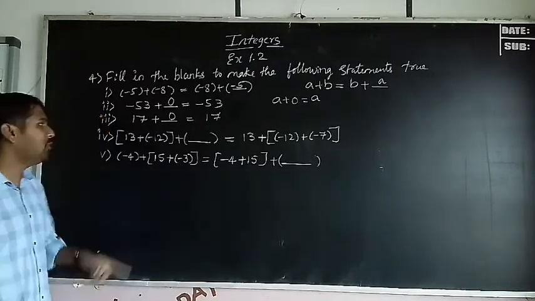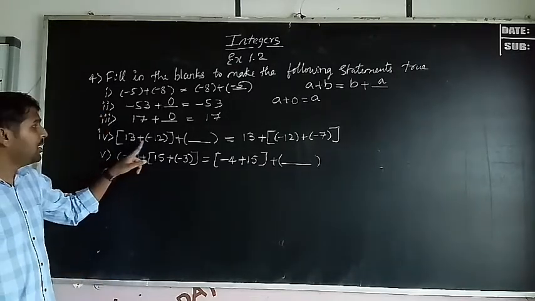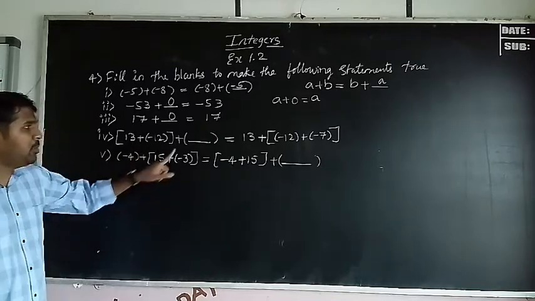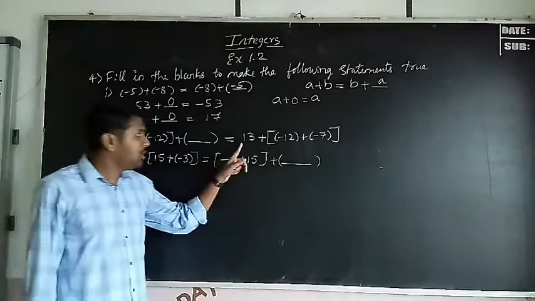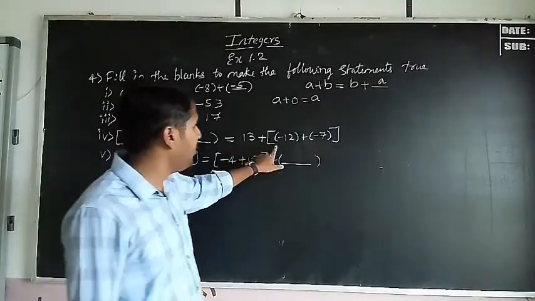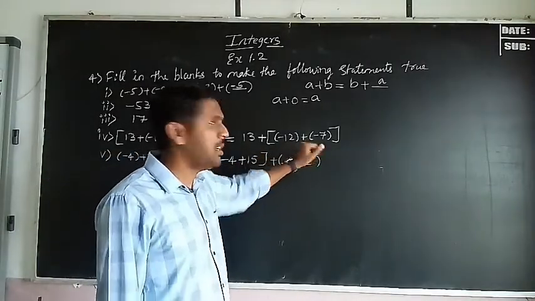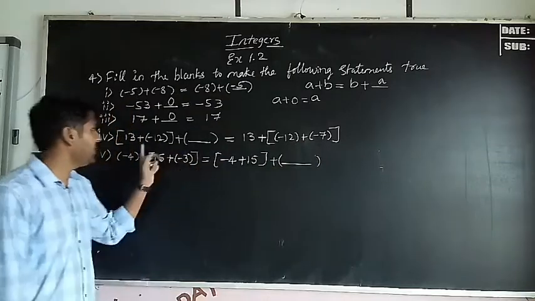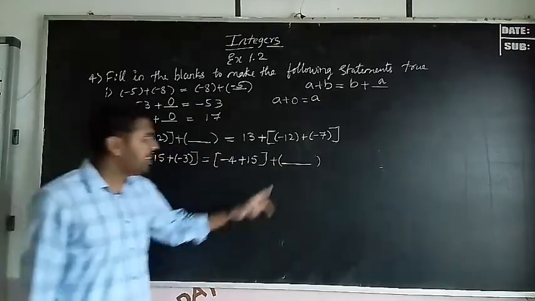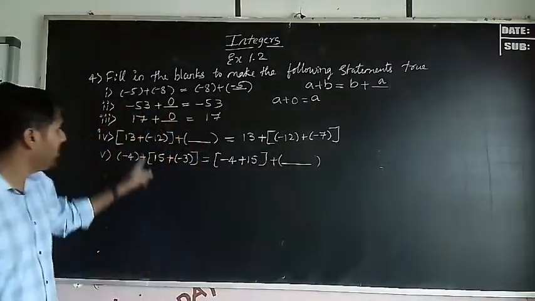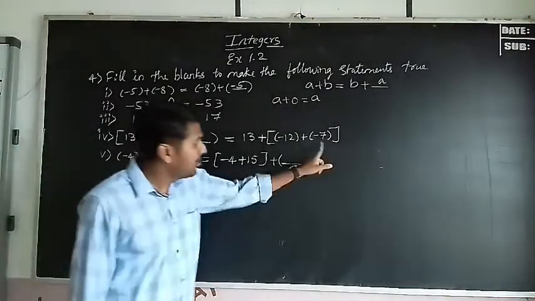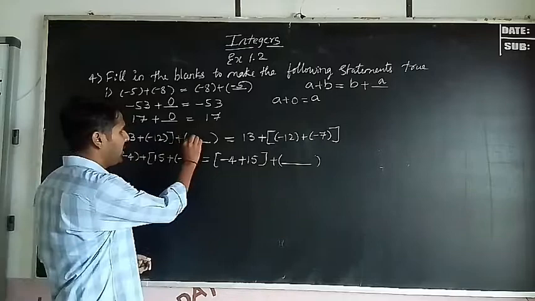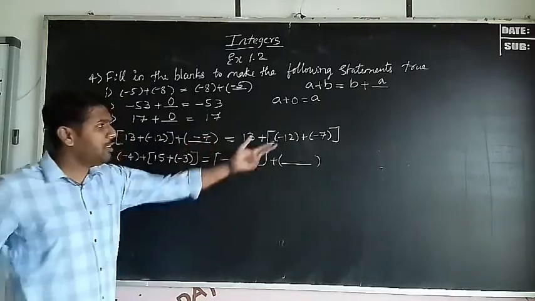Next, the fourth one: 13 plus bracket minus 22 plus bracket equals 13 plus bracket minus 22 plus 7. Which property is it? Tell me first. Here they have already given the numbers, and 2 numbers are there. What is the remaining number? Minus 7, it is simple.